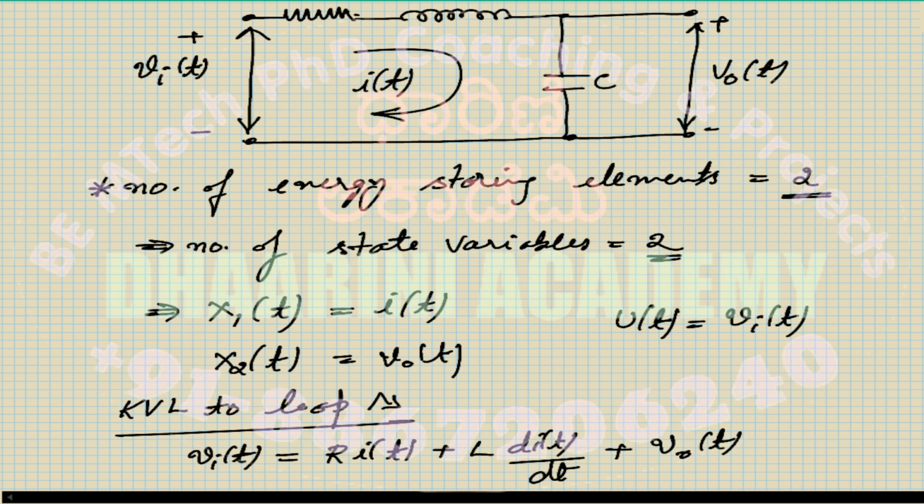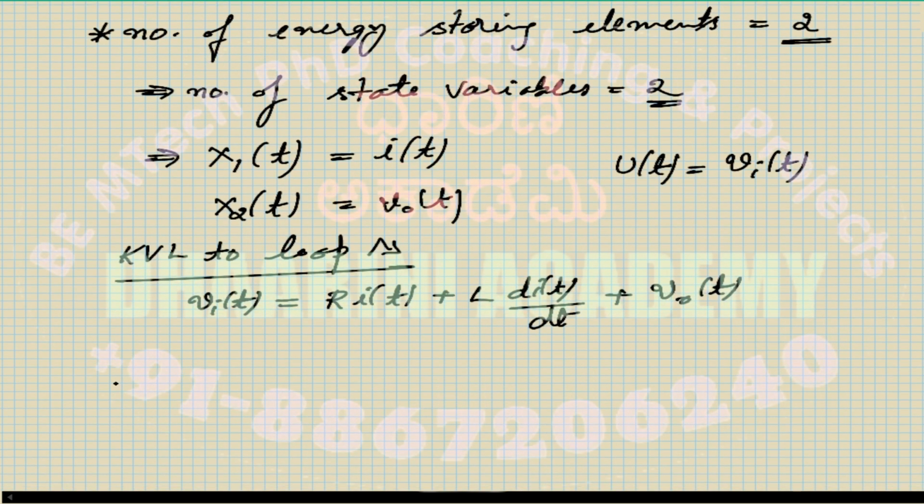Yes. Now let me rearrange it for I of t first. Actually, di by dt is directly available, right?